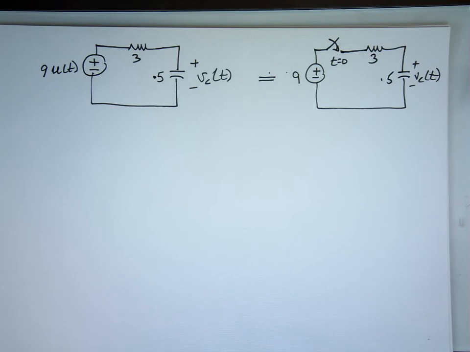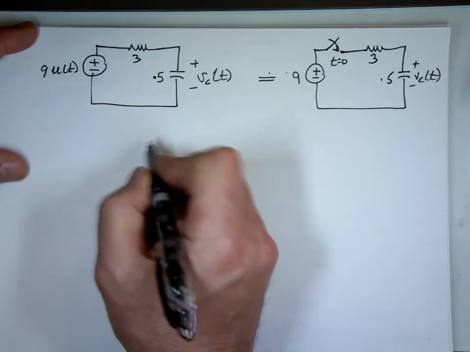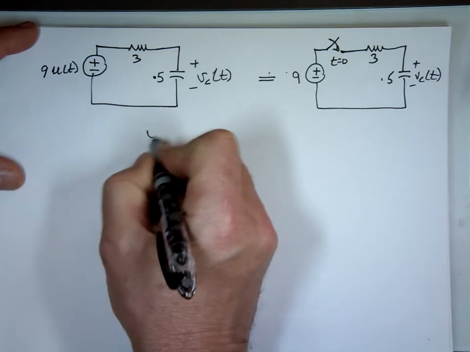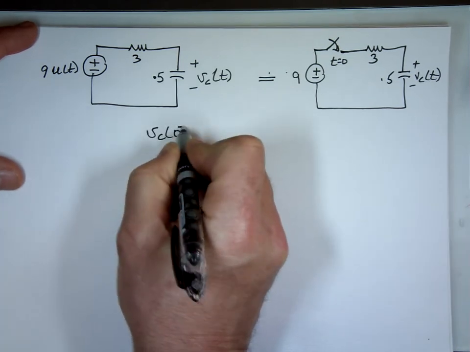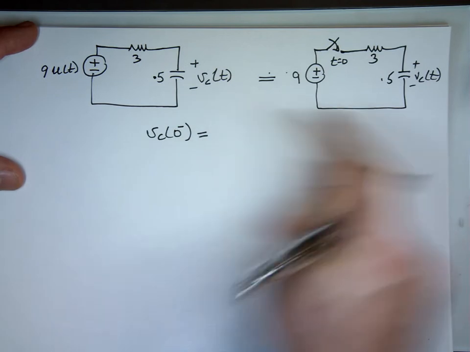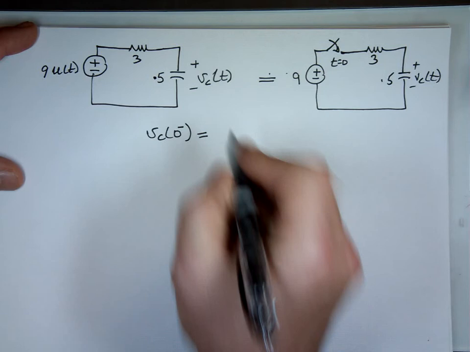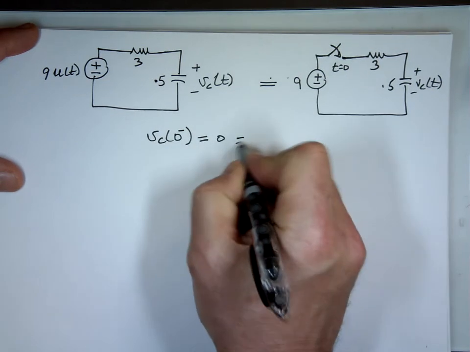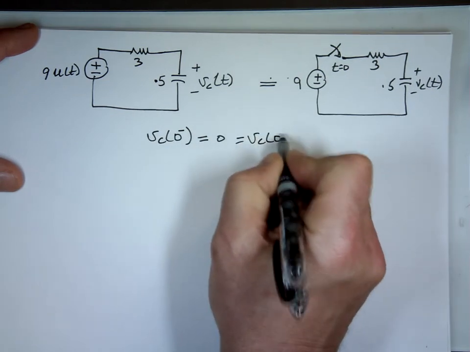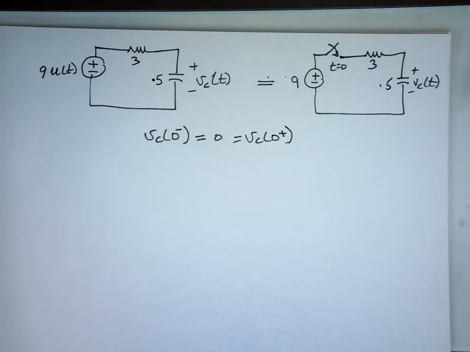So the first thing I do is find my initial condition. The voltage across the capacitor is 0 minus. Since there is nothing going through that circuit, what will happen? 0. Which is the same as the voltage across the capacitor is 0 plus. What happens when T goes greater than 0 now?